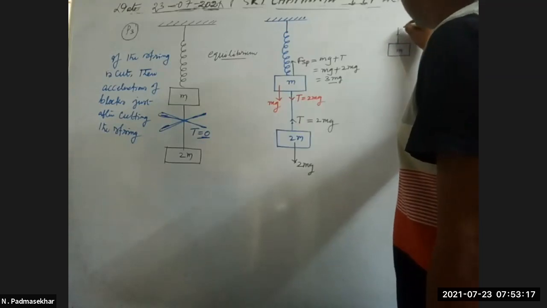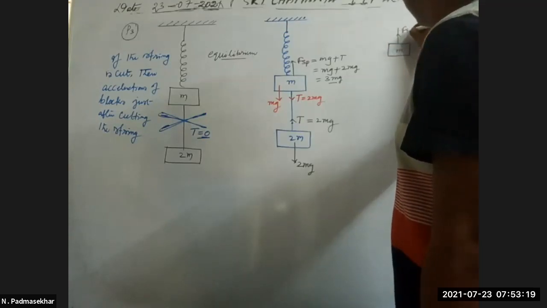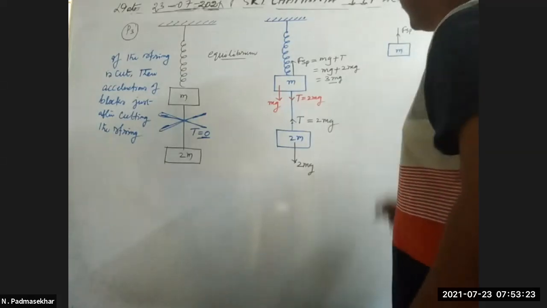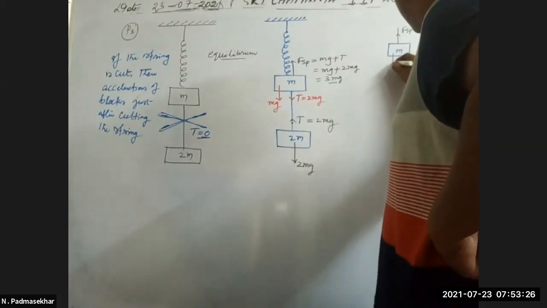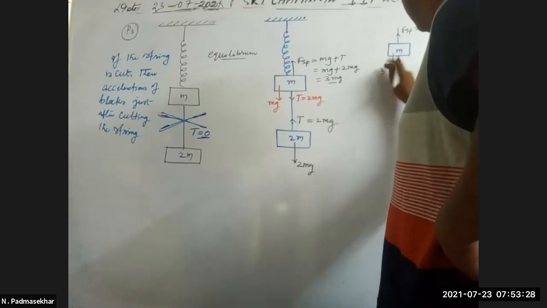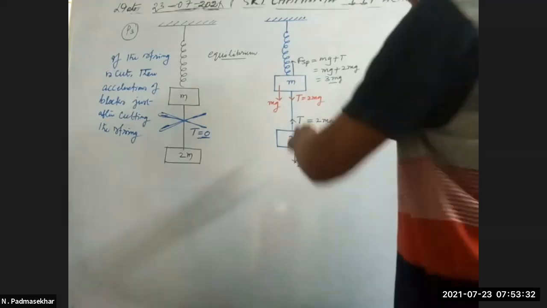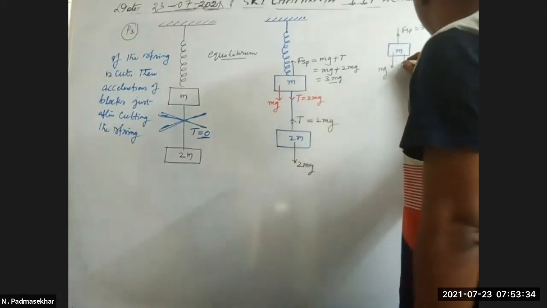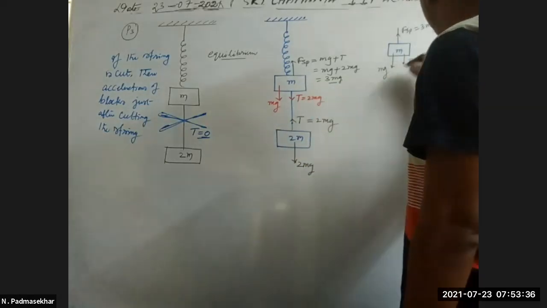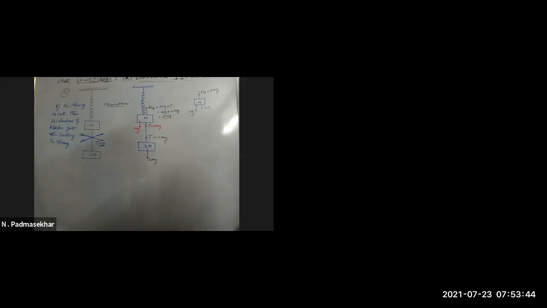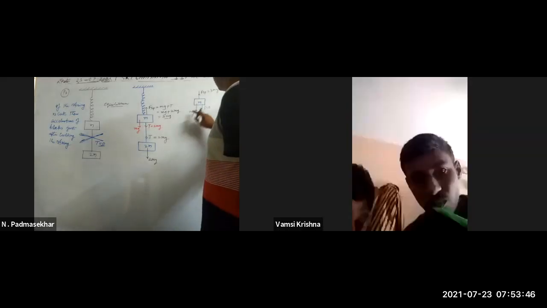Spring force is equal to 3mg, and here the weight is acting, mg. The tension is equal to 0. There is no tension after cutting. So this is 3mg, this is mg.